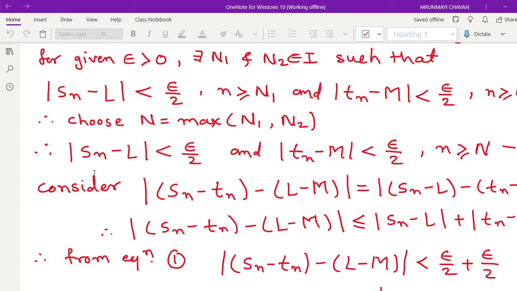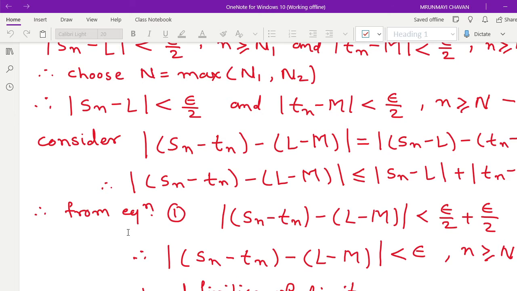So mod Sn minus L is less than epsilon by 2 and mod Tn minus M is also less than epsilon by 2 for n greater than or equal to capital N. So this is common for n, and we can write for both the sequences, that is, n is greater than or equal to N.